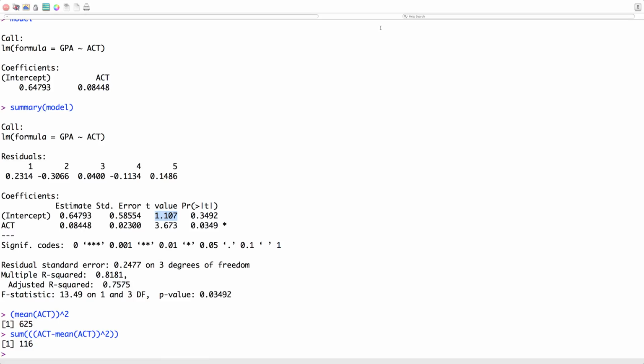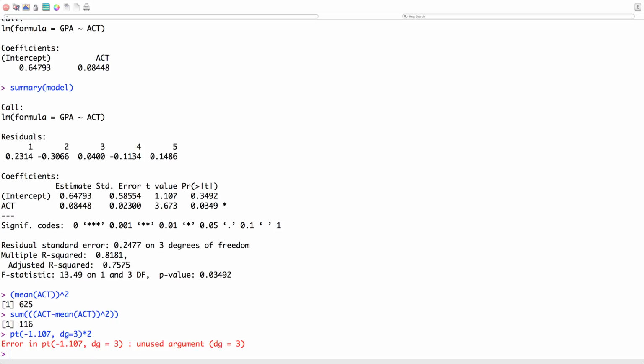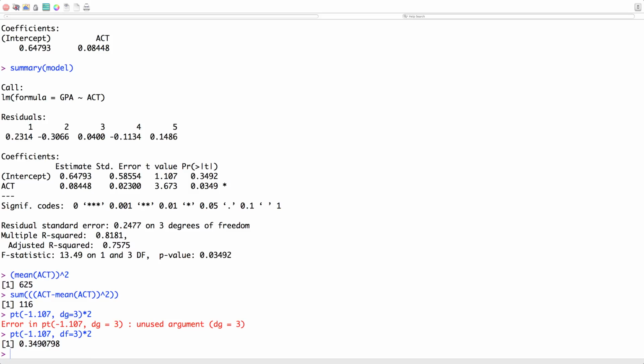It's just quick. So I need P of t, negative 1.107, degrees of freedom equal to 3. And we need to multiply that by 2.